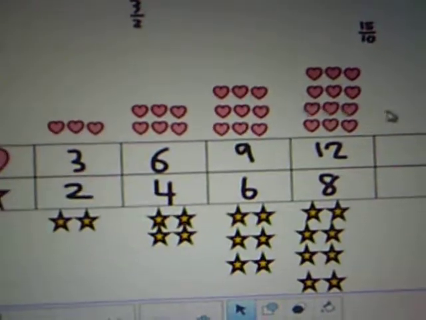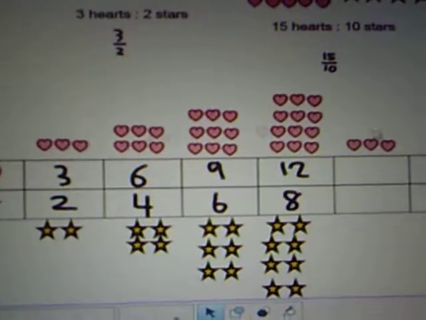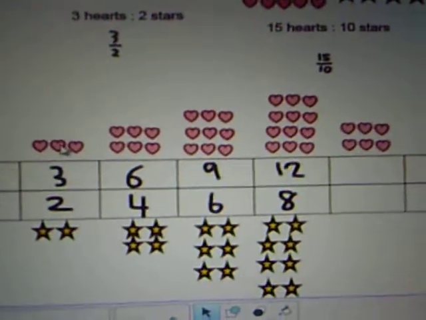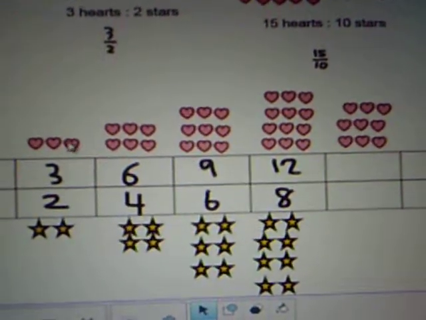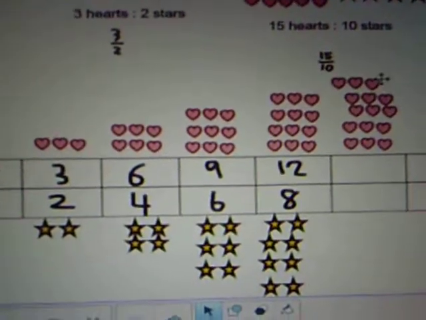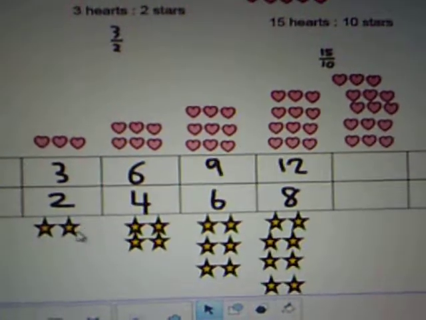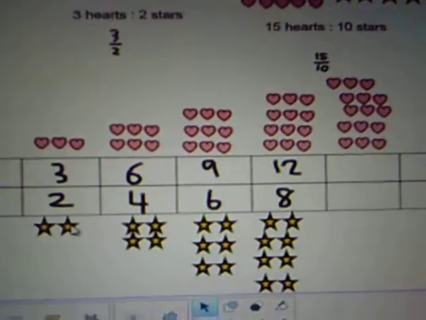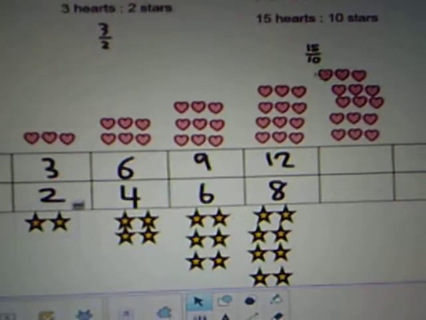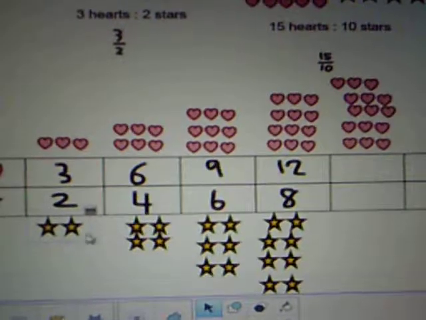Let's say I added 3 more in the next step. 3, 6, 9, 12, 15. Remember, each set of 3 hearts needs to get 2 stars. So we have 1, 2, 3, 4, 5 sets of 3 hearts here.